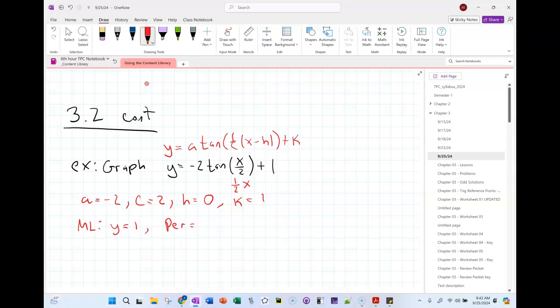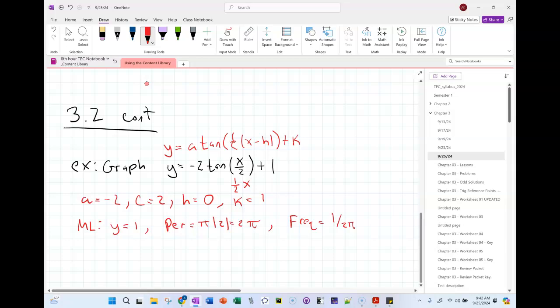Instead of 2 pi over absolute value of C, tangent is 1 pi over absolute value of C. So if the period's 2 pi, what's the frequency? 1 over 2 pi, right? Yes! That's what we're talking about.